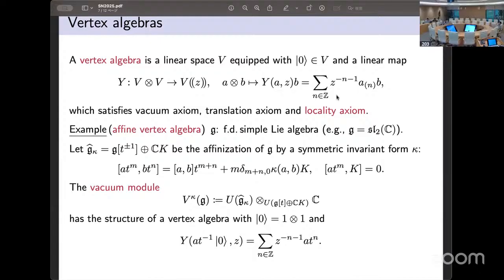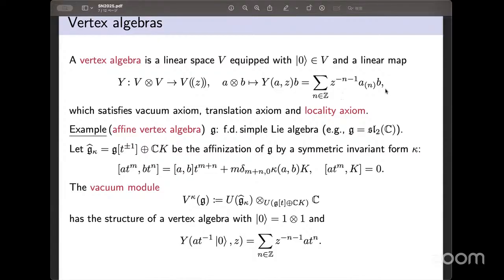What is A_n? So this expression is the image of A tensor B under Y. The image is in the space of Laurent series with values in V. So we can expand in this form. It's just a linear map. Yes. Linear map, so we can expand in that way, right? Yes.